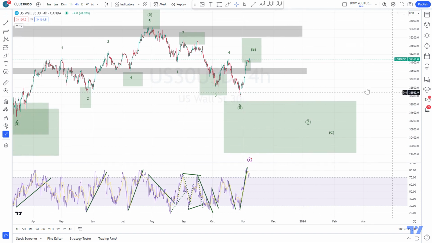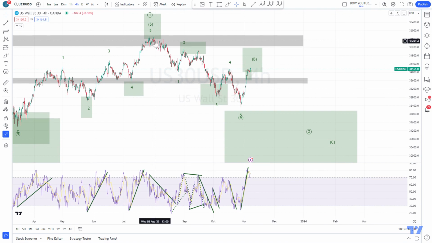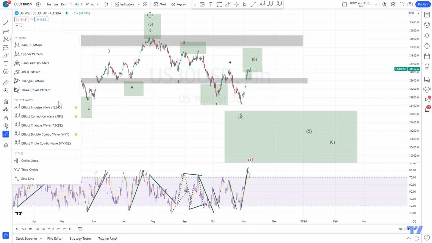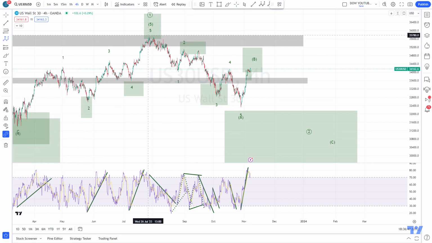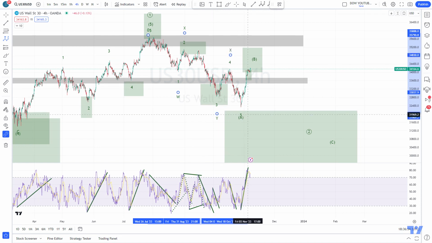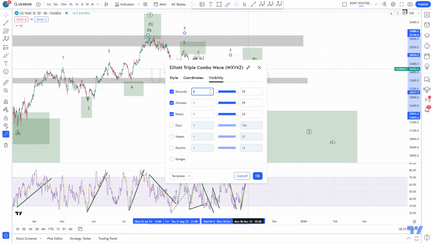So I think we have to take into account as a secondary scenario that the move down we had here could be the correction as a triple three. So W, X, Y, X, Z correction. This could be the way to finish this wave 2 right here.